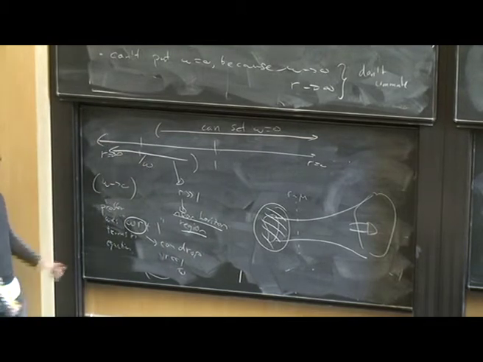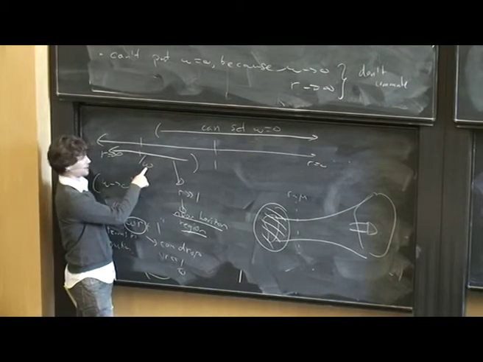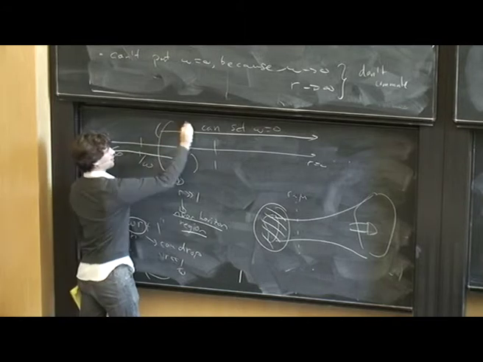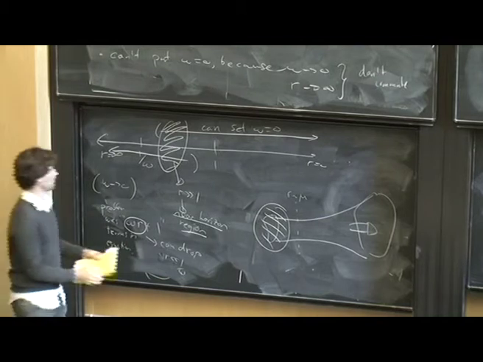Okay, and then the beauty of it is that when omega is much less than 1, there's a regime where these overlap, a parametrically large regime.